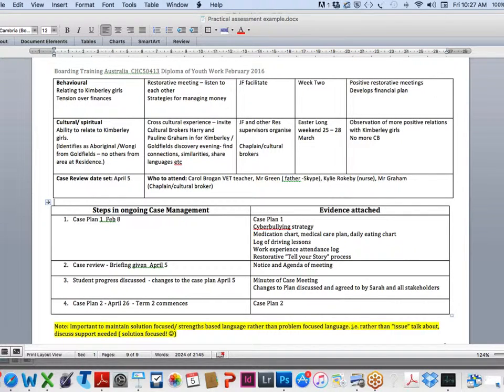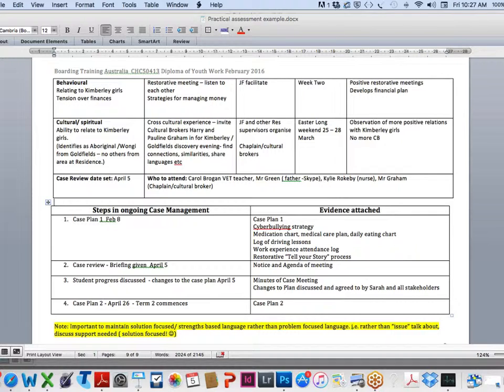So that comes into the whole behavioural area and relating to the other girls, and the tension seems to be coming out, and you'll see how we found this out, mainly over her lots of finances compared to some of the other girls. She needs to develop some strategies not to be upsetting the other girls with all her apparent wealth. So that will come out in the restorative meetings, you'll see later.